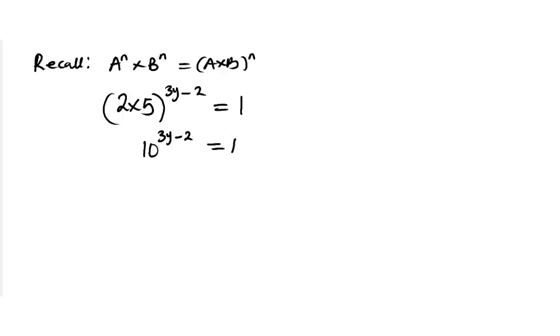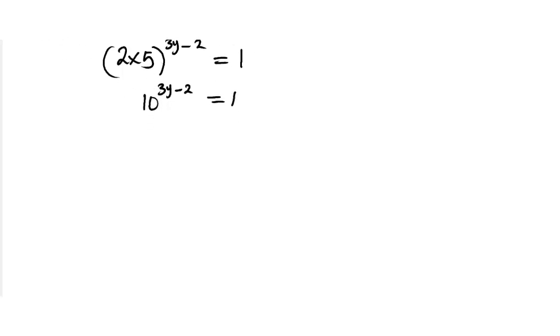But notice something. For me to be able to eliminate this 10, this other side must have 10. So recall that any non-zero number raised to the power of 0 is 1. So I can say 10 raised to power 0 is equal to 1. Wherever I have 1, I can replace it with 10 raised to power 0.